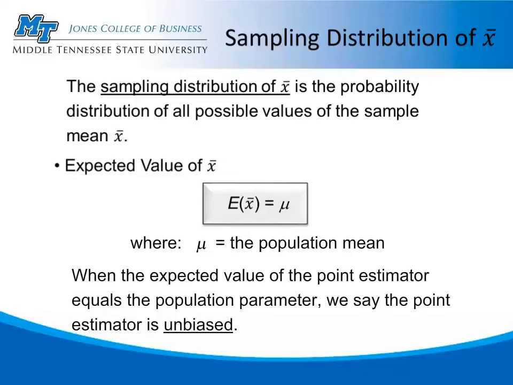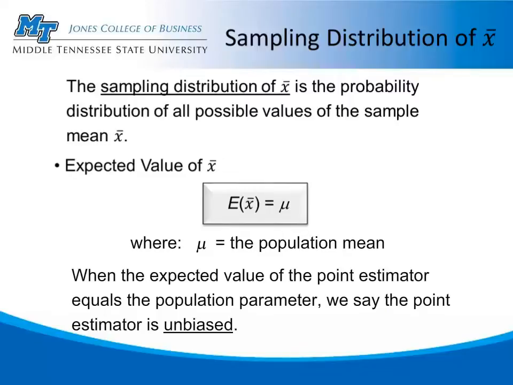When you have that relationship between a statistic and a parameter, the statistic is said to be an unbiased estimator of that population parameter. In statistics, it's desirable to have that property. You want that unbiased nature. The average of all the sample averages is always going to be the population average.